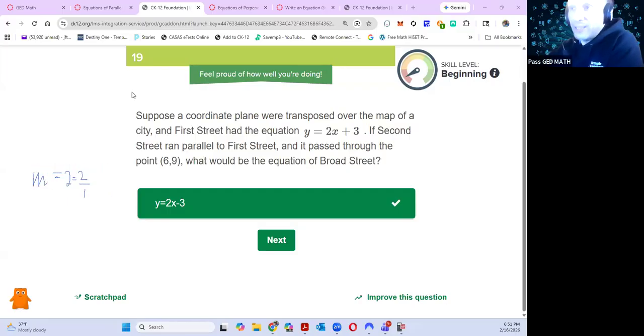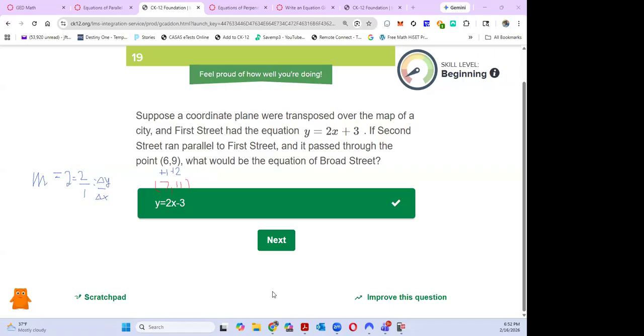So I know my slope is the change in y over change in x. So that means my x is going to change by plus 1 and my y is going to change by plus 2. So my second point is (7, 11) because 6 plus 1 is 7 and 9 plus 2 is 11. So those are the 2 points I'm going to use, (6, 9) and (7, 11).